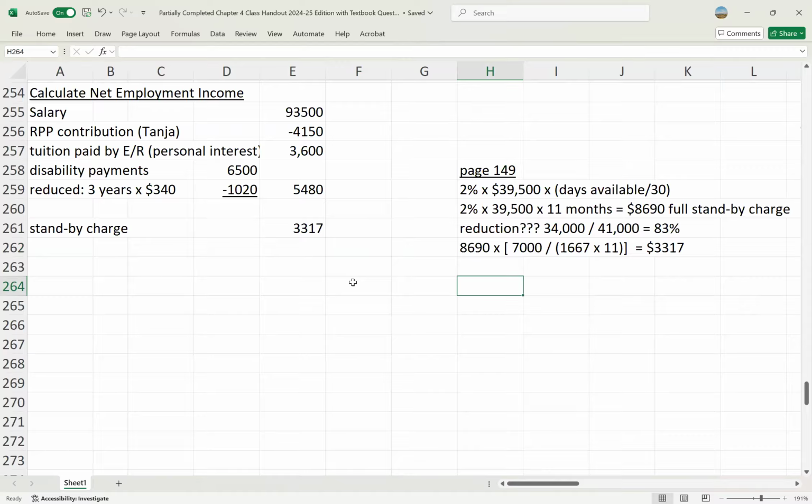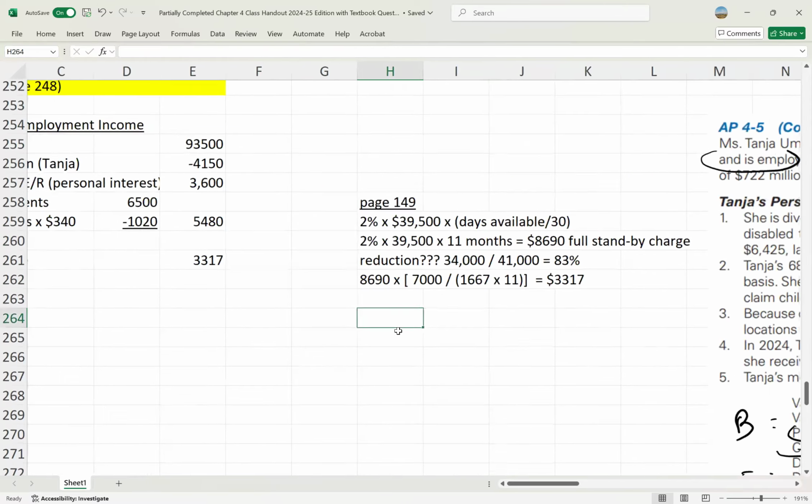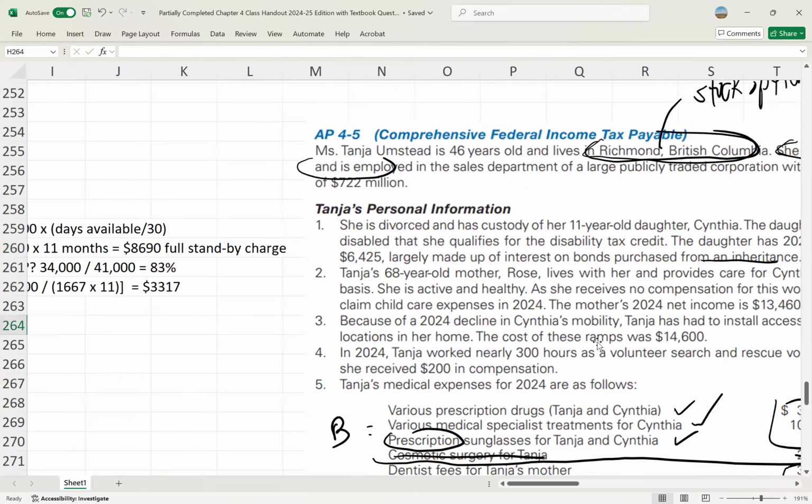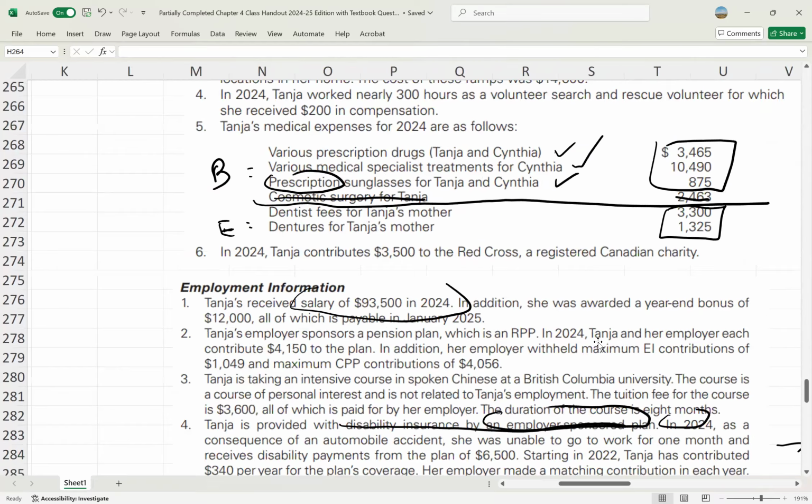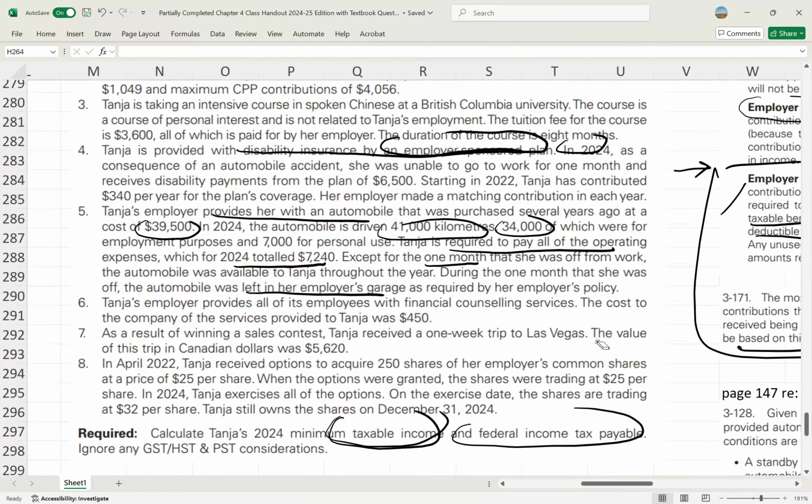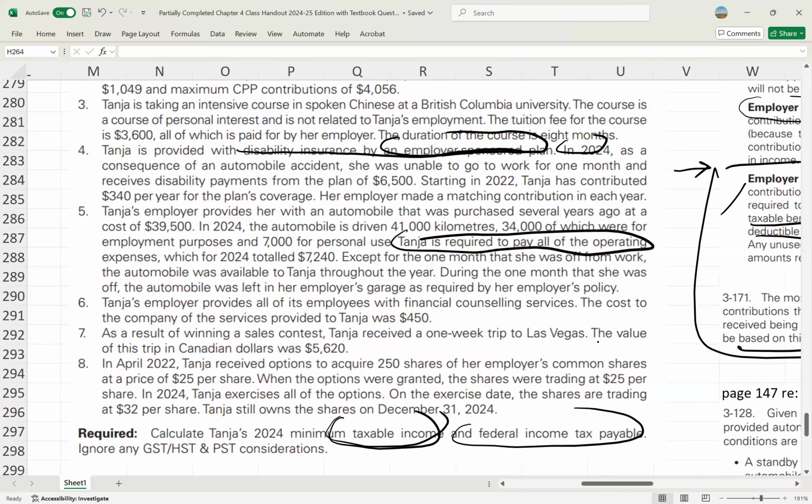In the examples we looked at a couple weeks ago, all the operating costs were paid by the company. In this example, if we go back to the question here, all the operating costs are paid by Tanya, and they totaled 7,240.